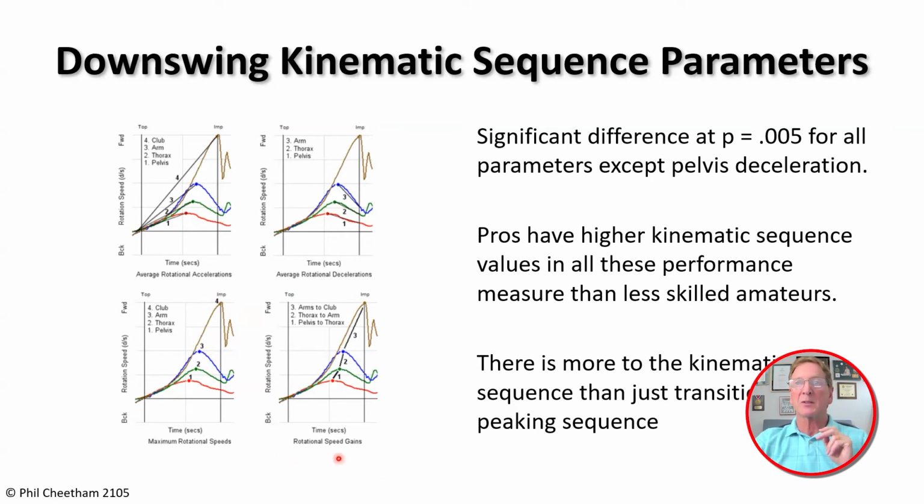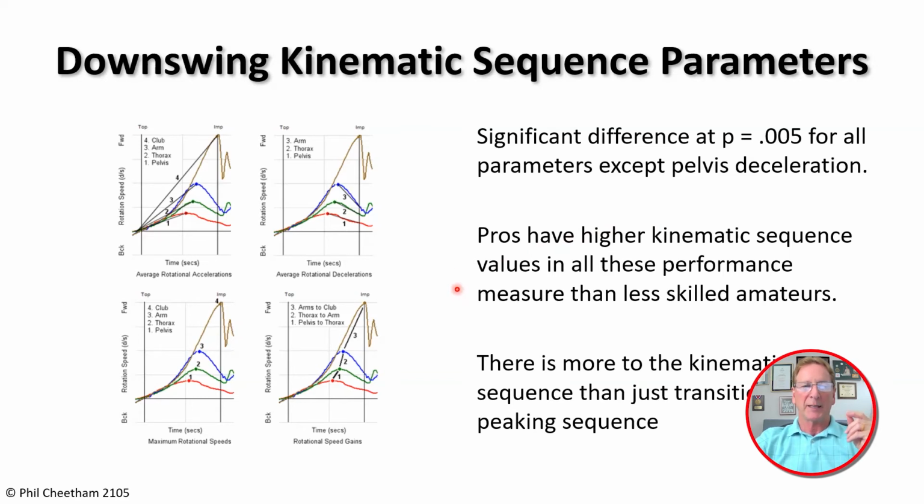Then we also looked at the rotational speed gains. How much speed did they gain from the pelvis to the thorax, from the thorax to the lead arm, and finally from the lead arm to impact of the club? These are all important parameters and they're kind of overlooked. So when we measured all of these, we found that the pros had significantly higher values, at a level of 0.05, than the less skilled amateurs.